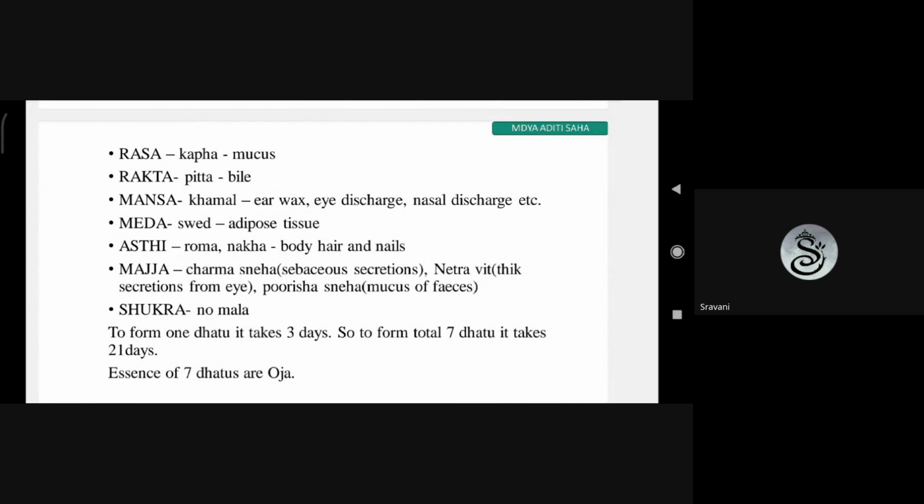It is as simple as this: we eat food, the essence of food is utilized by our body, and the roughage, which is not useful, that waste product we excrete, right? Like that only, the essence of rasa is utilized by our body to make rakta, and the waste product is kapha, mucus.